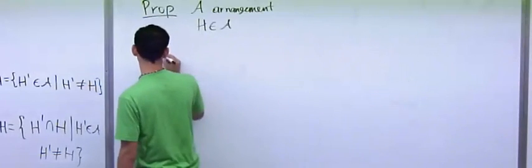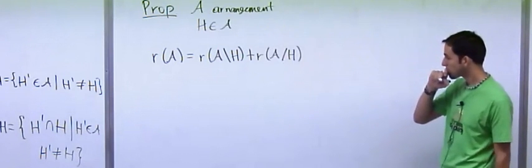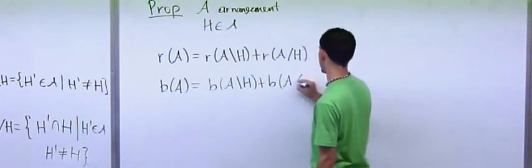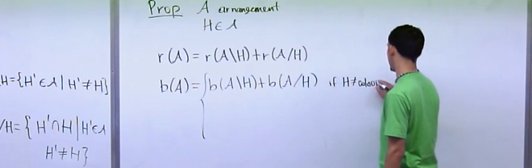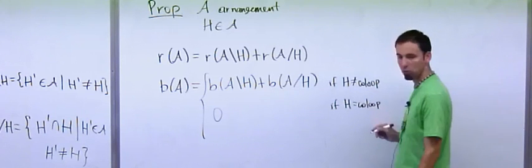I claim that the number of regions of the arrangement A is equal to the number of regions of A delete H plus the number of regions of A contract H. And the number of bounded regions is the same thing if H is not a coloop, and 0 if H is a coloop.